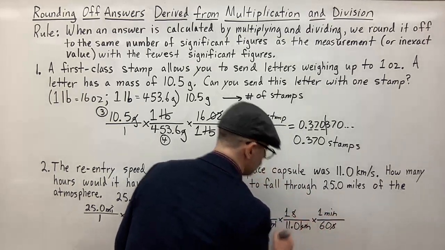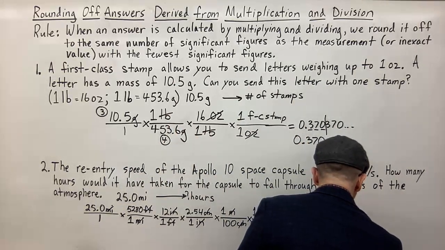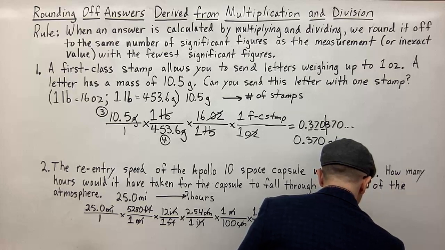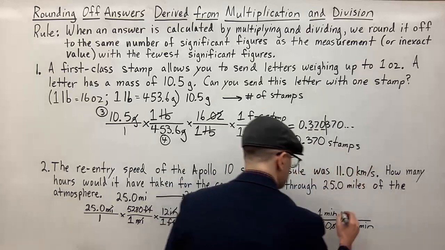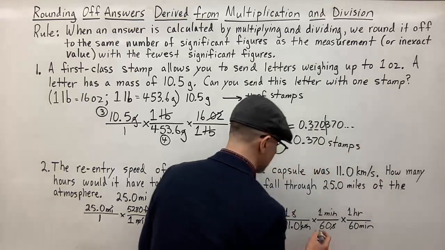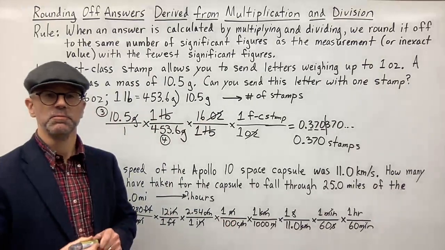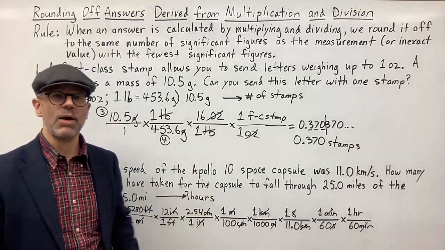Seconds cancels out. And finally, I know that 60 minutes is in an hour. So 60 minutes goes on the bottom and 1 hour goes on top. Minutes are going to cancel out. I have hours now, so I'm done.